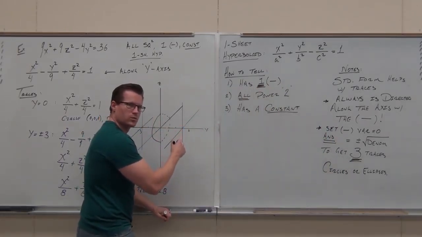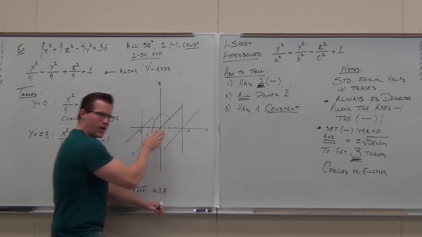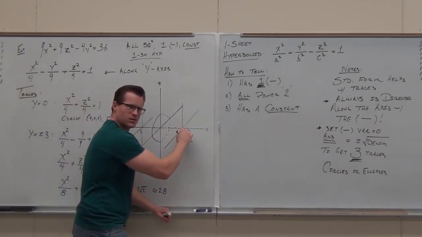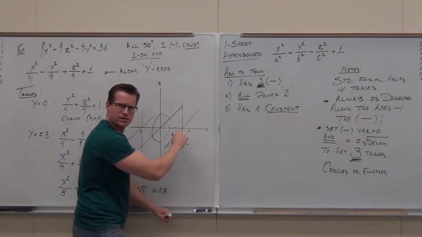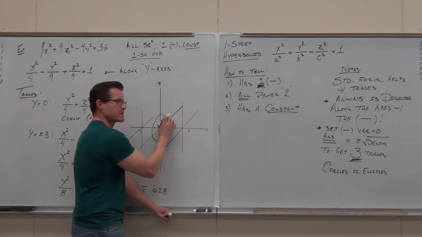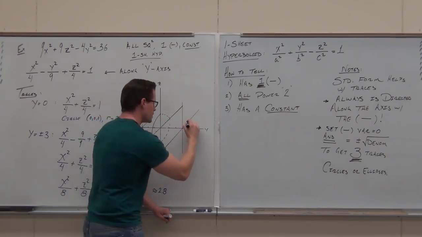So, what are we going to draw here? At y equals 3, what are we going to draw? Circle. What's the radius there? Pretty close to 3. Make the same scale though.